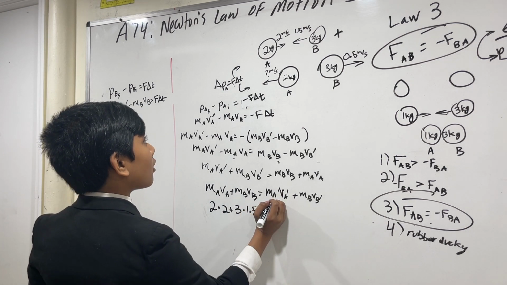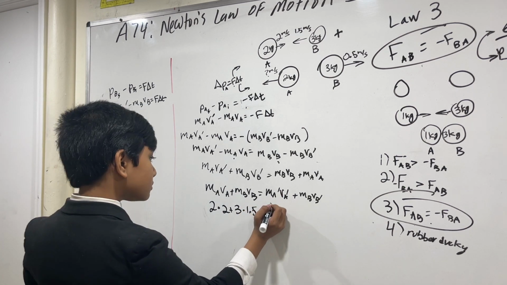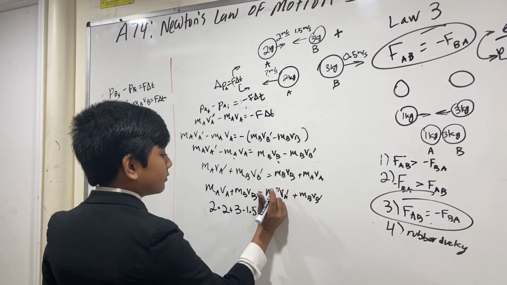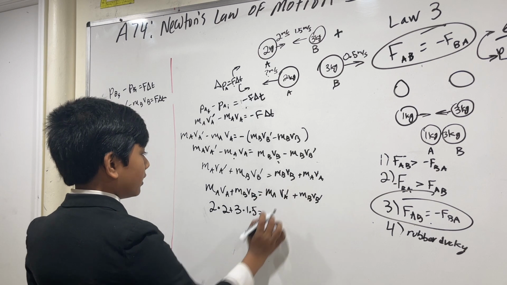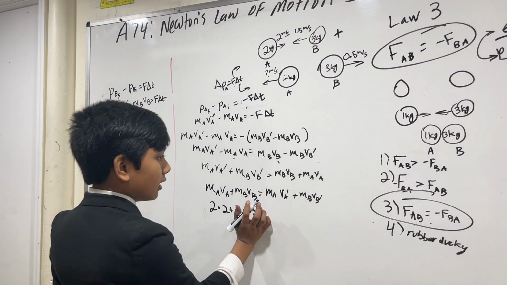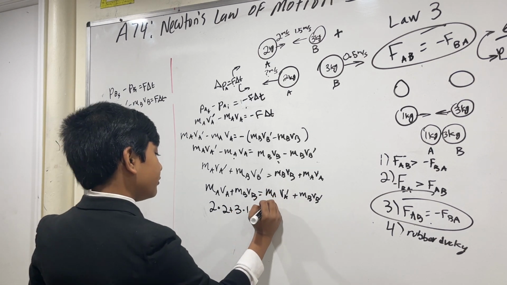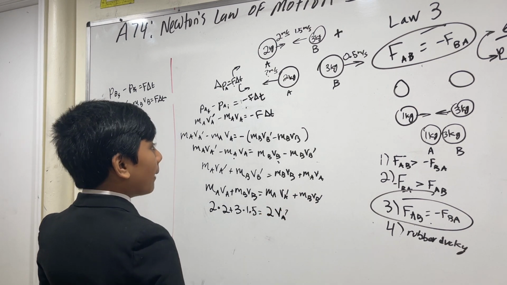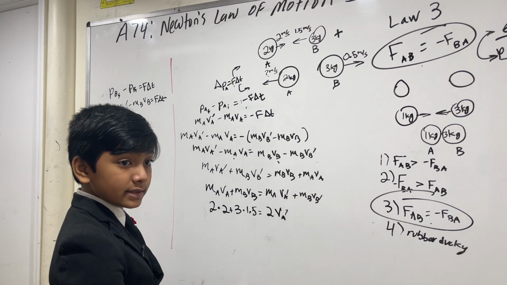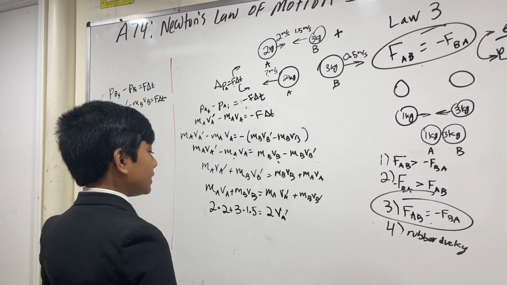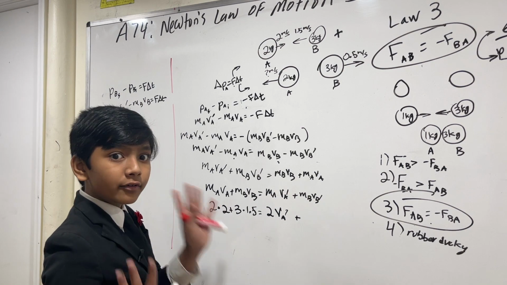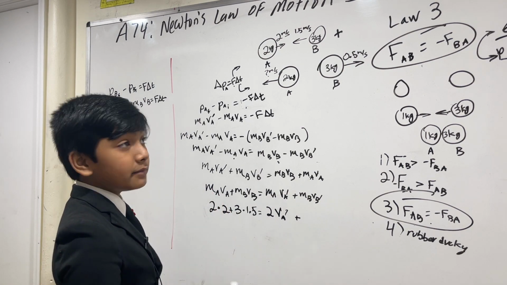And MA prime is, sorry, wait, why did I put MA prime? I'm dumb. So MA VA prime is 2, and we don't know VA prime. But one thing we do know is that it's going to be negative, so just keep that in mind. And I've already made a mistake. I'm so dumb.